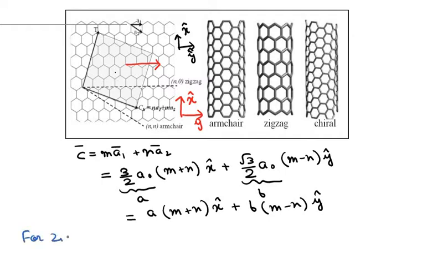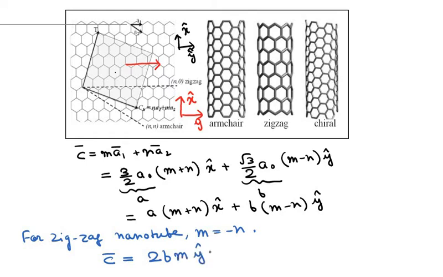So for a zigzag nanotube, m is equal to minus n, and the circumferential vector c is basically given by 2bm y cap.